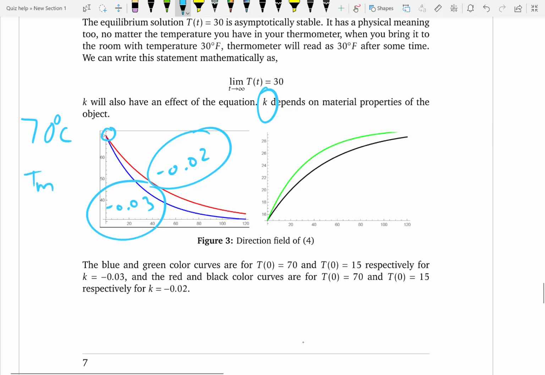You can see the rate of change of the temperature is different. So this K definitely has an effect on how the rate of change happens.